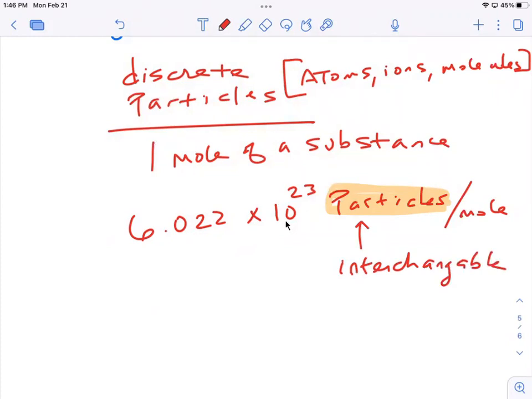All right. So as far as how Avogadro's number relates to the number of discrete particles in a given number of moles, it's a simple calculation, right?